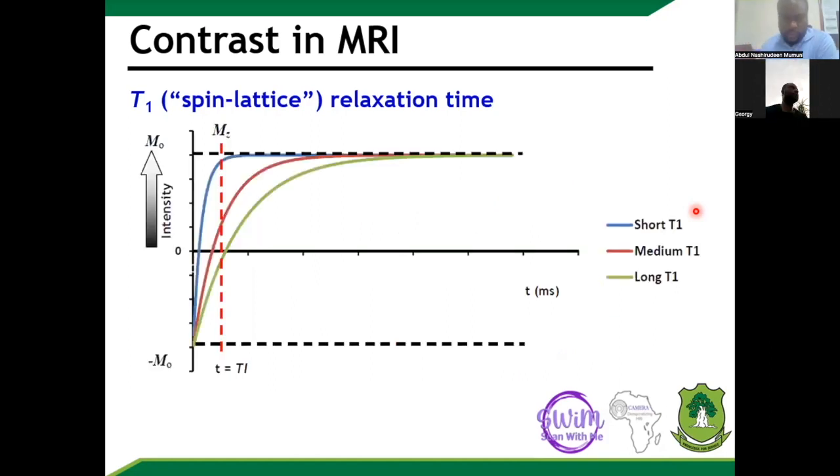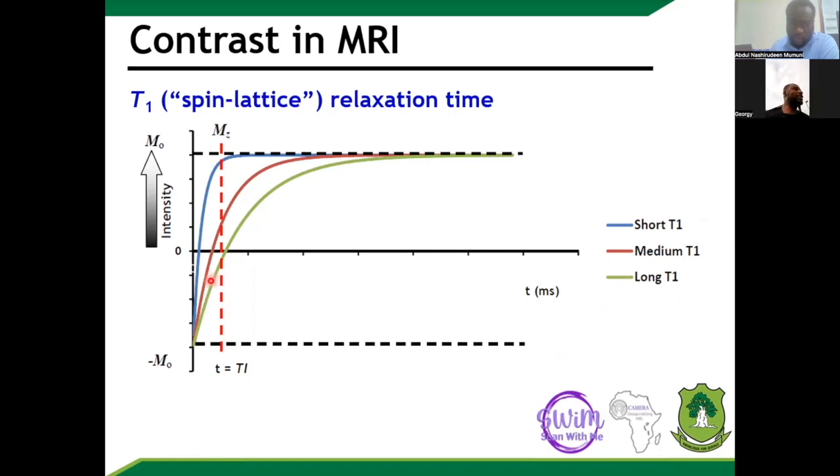So this is a T1 recovery graph showing different tissue characteristics and their individual intensities in MRI. For example, if we apply the 90-degree pulse at a certain relaxation level of the M0, tissues that have very long T1s would not have recovered significantly.